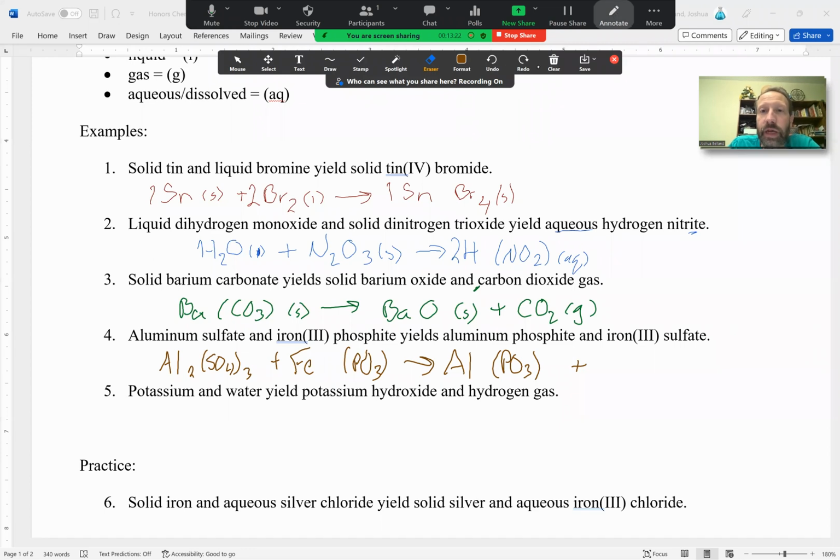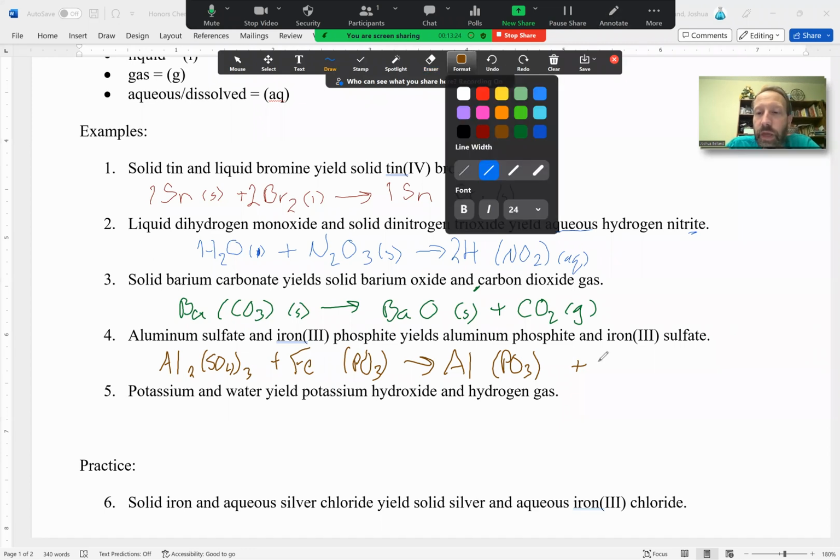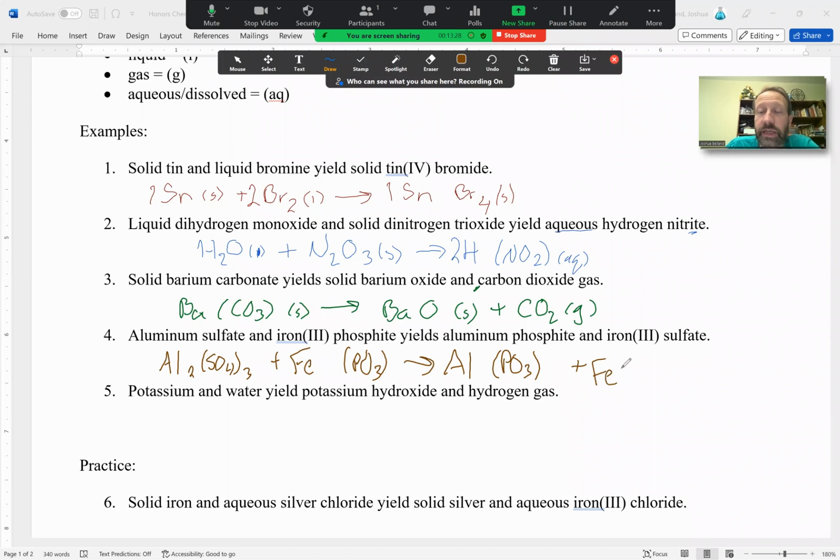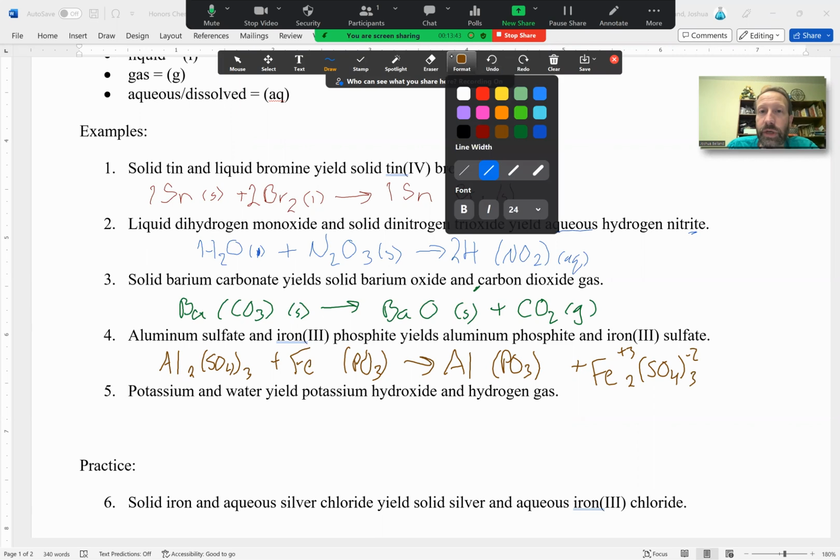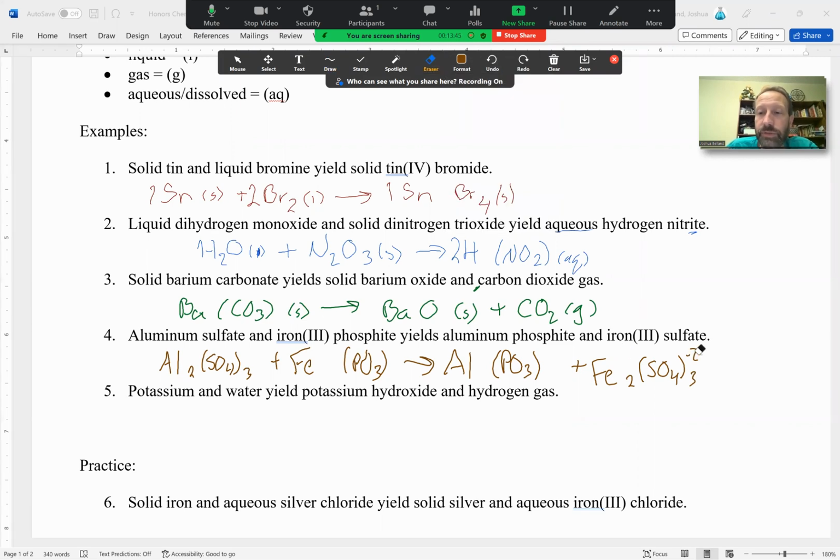And then I'm going to have iron 3, and again, since it's a metal, it's going to use charges. We're going to crisscross, so I need a charge, and then sulfate. So the 2 goes there, 3 goes there. There's a crisscross. And I'm going to erase the charges. I'm done with them.